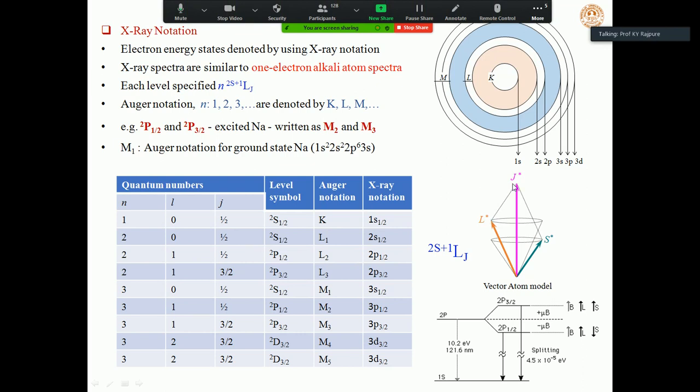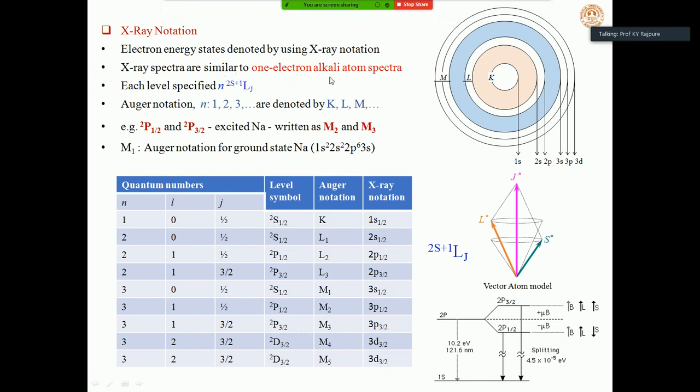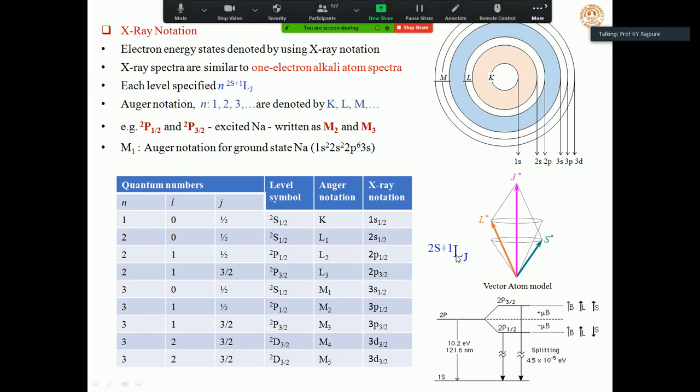So X-ray spectra are very similar to one-electron alkali atomic spectra, where we have doublet spectra, 2S, 2P, 3S, 2P, 2D, etc. And generally, in the vector atom model, the energy state is represented by 2S+1 L J, where L is the orbital quantum number.